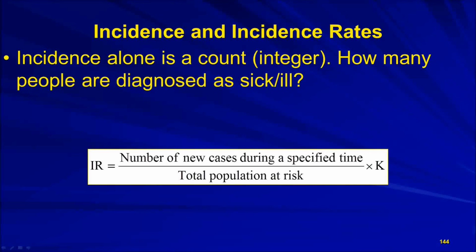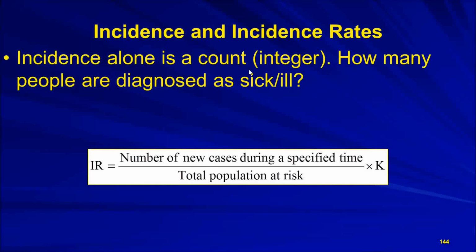You're not doing any division or multiplication as shown in the formula below. So incidence alone, if I say incidence rate, you're going to use this formula. If I say incidence, you're going to count. That's all you're going to do.